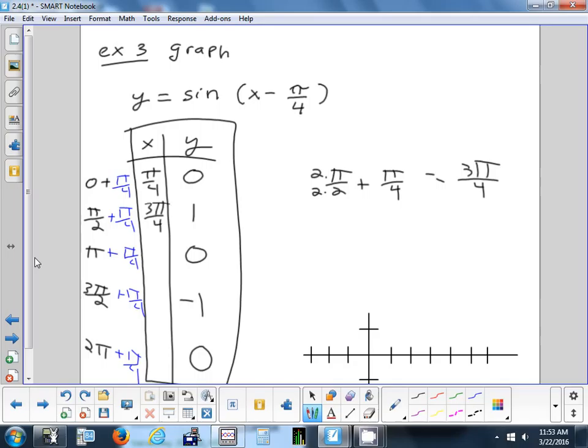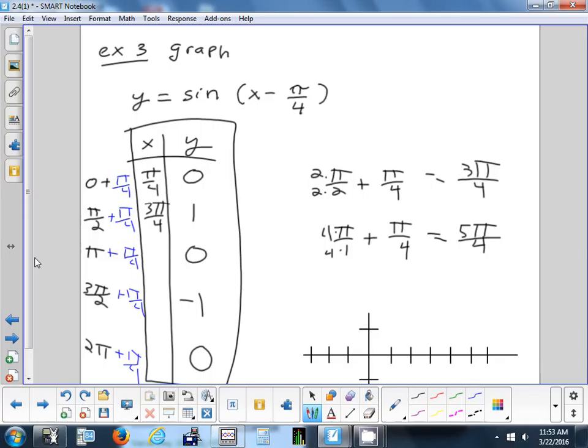Okay, next one. Pi over 1 plus pi over 4. Common denominator here, Bailey? 4. So what would you multiply 1 by? 4. And the top? 4. What's 4 pi over 4 plus 1 pi over 4? 5 pi over 4.